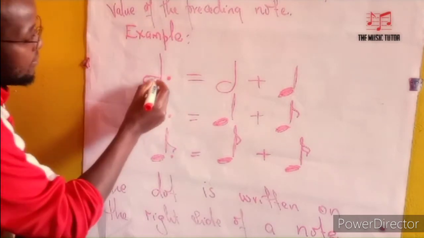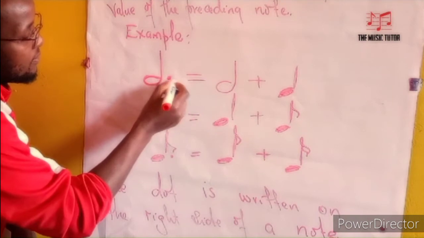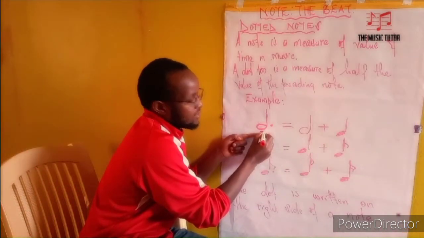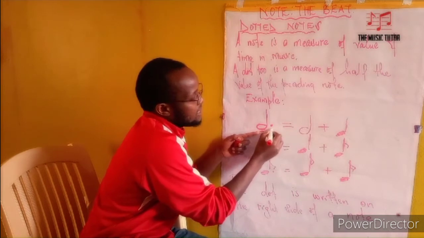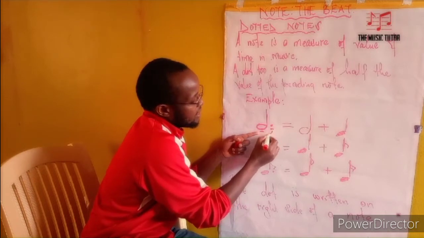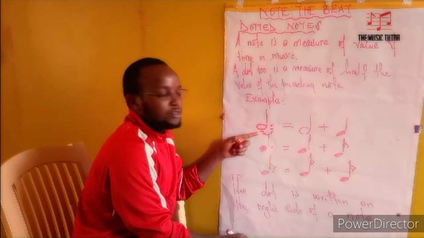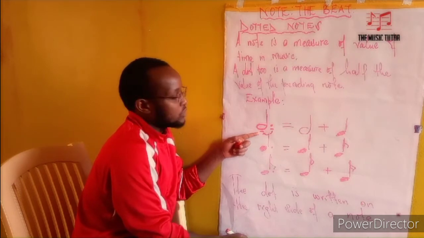Here's the minim. And this is the dot. The minim is a half note, meaning when I place this dot here, it will take half the value of this minim. Half the value of a minim, I know you remember that it is a crotchet, that is the quarter note.